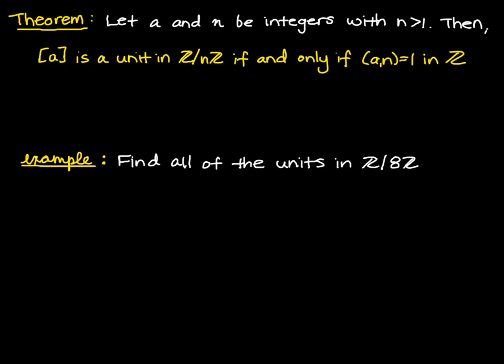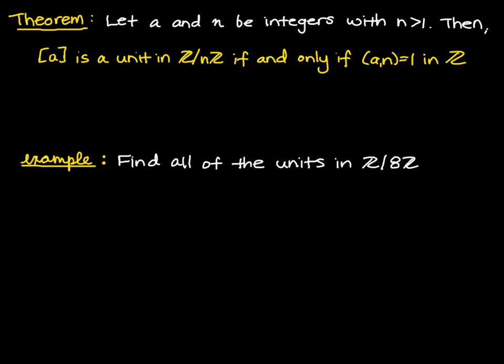So now we get the following theorem. And this gives us a different way to characterize units. We're given that an element A is a unit in Z mod NZ if and only if A and N are relatively prime as integers. And so how can we use that?